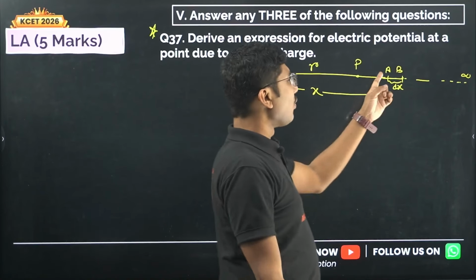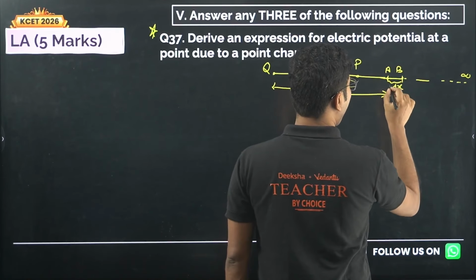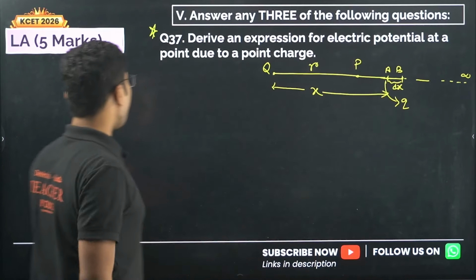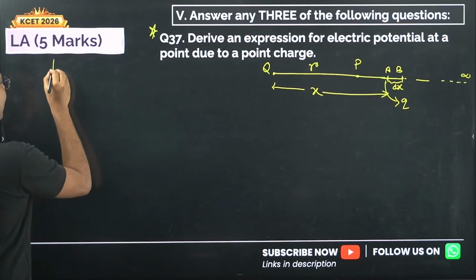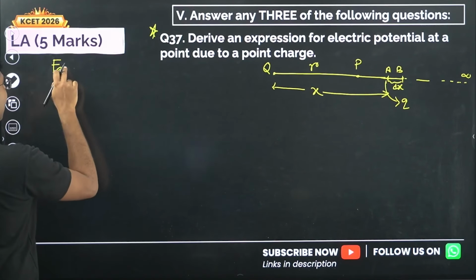And we ask what is the force acting on a test charge Q. If you keep a test charge Q at point A, what is the electrostatic force acting on it?